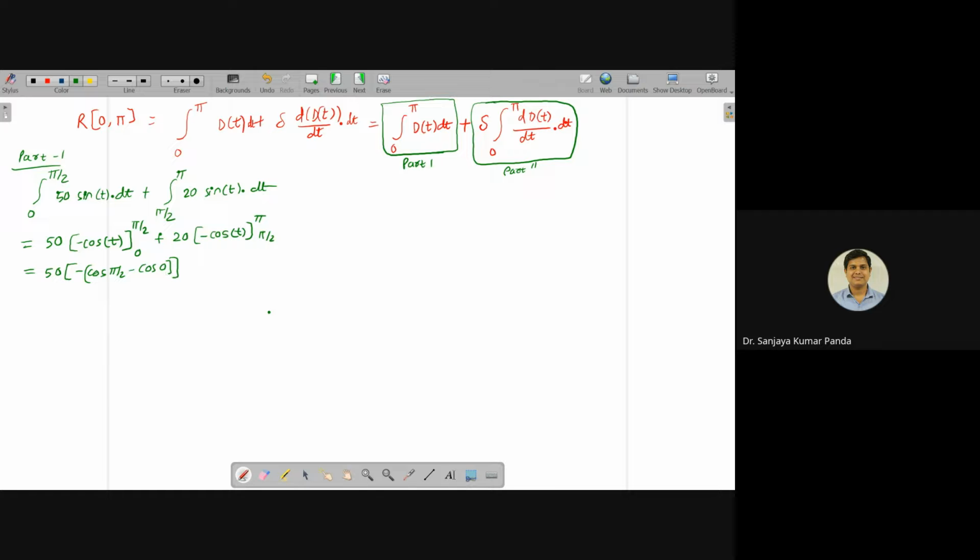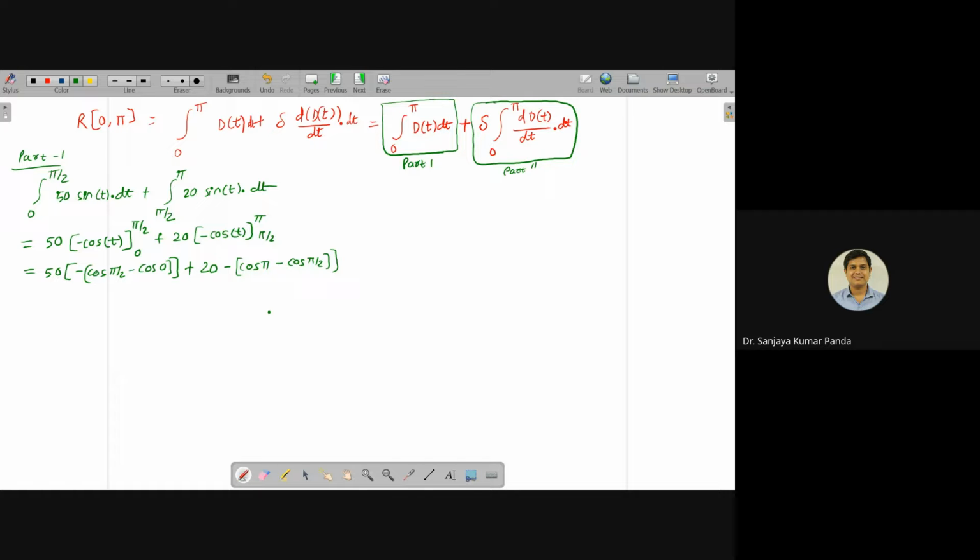Cos pi by 2 means pi is 180 degree, so pi by 2 means you will take it as 90 degree. Similarly, here also you can write 20 times minus cos pi minus cos pi by 2.